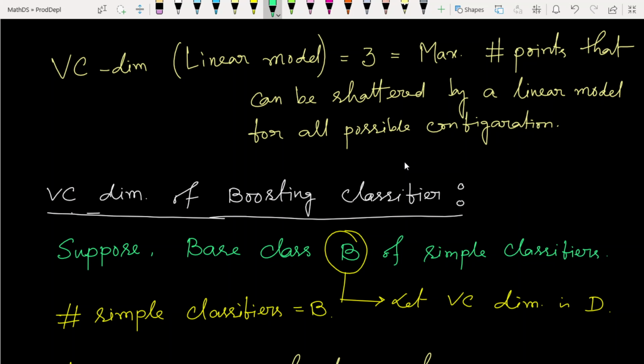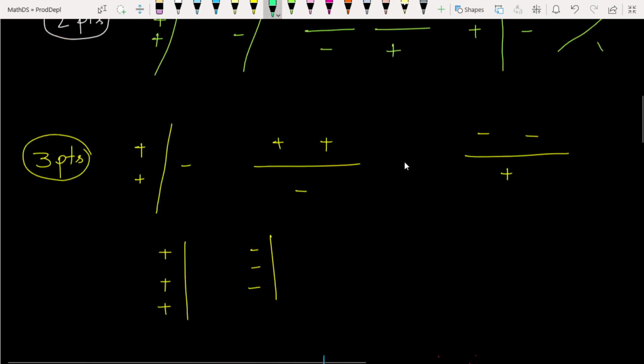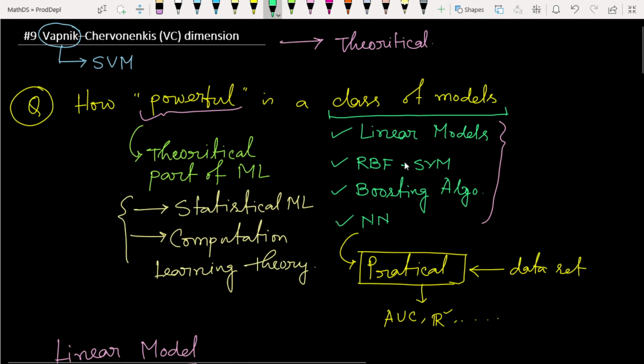If you are going to build your academic area using the theoretical part of machine learning, then you have to learn it, no compromise. But in a practical scenario, it's not so important. I think from the discussions you got some flavor of what the VC dimension is.